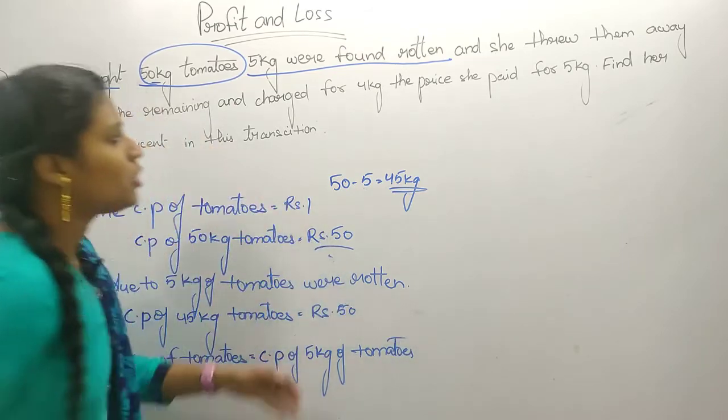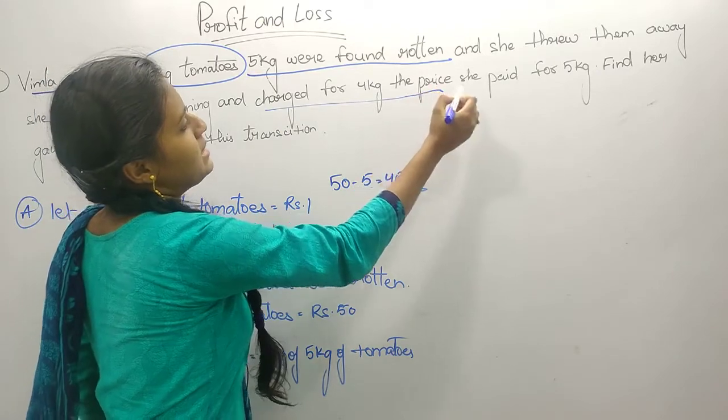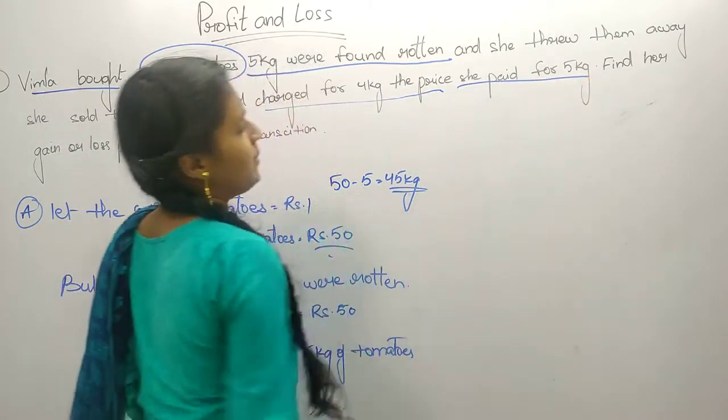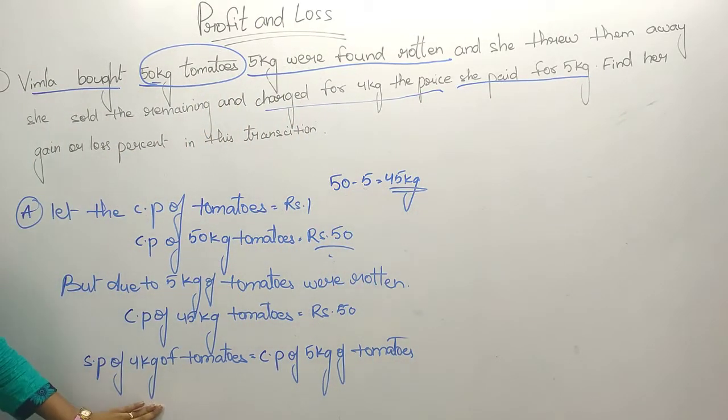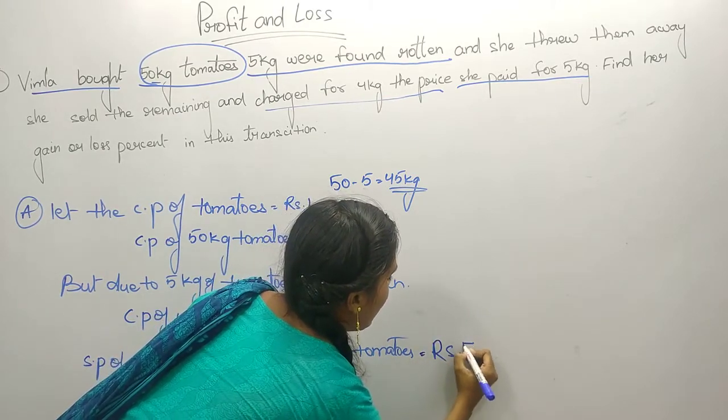Here it is given in the question: the charge for 4 kg, the price he paid for 5 kg. So the selling price of 4 kg of tomatoes is equal to the cost price of 5 kg of tomatoes, which is rupees 5.